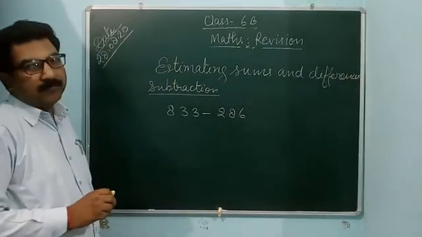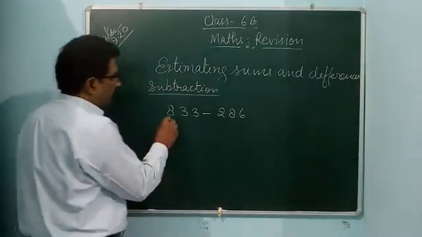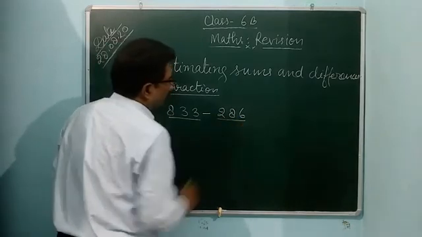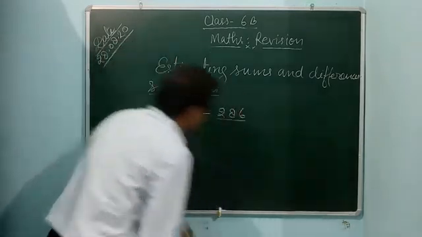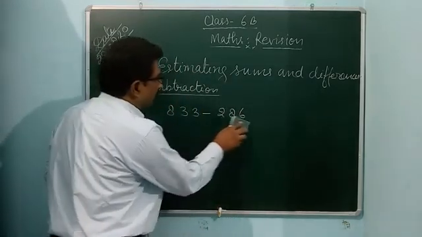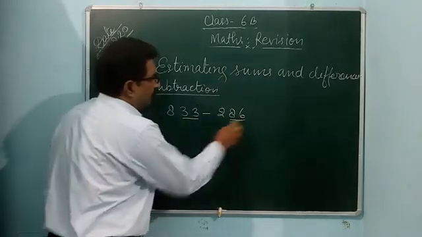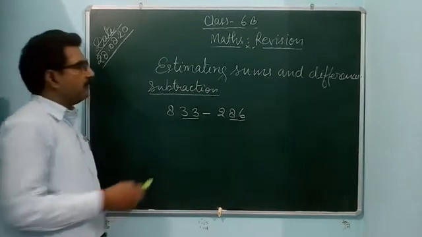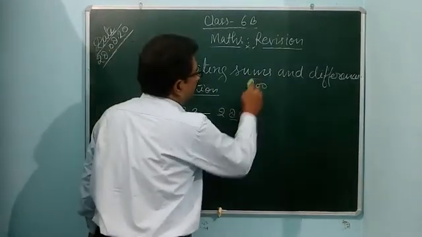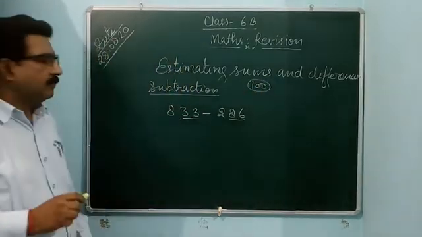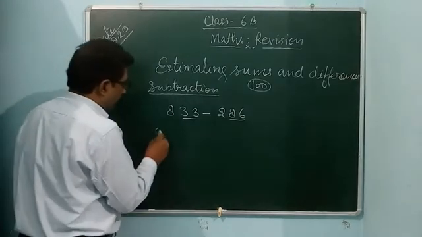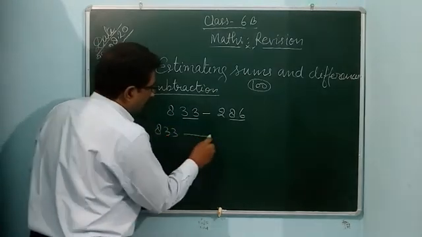You see, both are equal, 3-digit numbers. So you take only 2 digits from the last digit. I am taking round of 100. So this 833, taking round of 100.